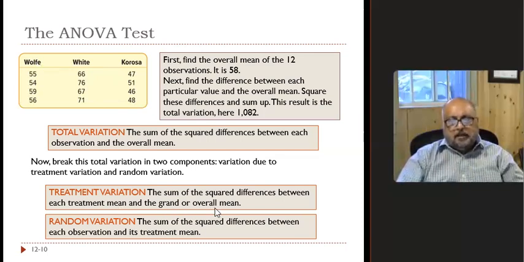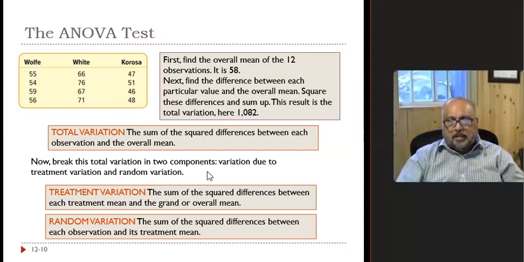So basically, the mean of this minus the overall mean. Random variation is the sum of squared differences between each observation, each of these values, and its treatment mean, basically the mean of this, of this, of this. These different categories or different people we call treatments, right?